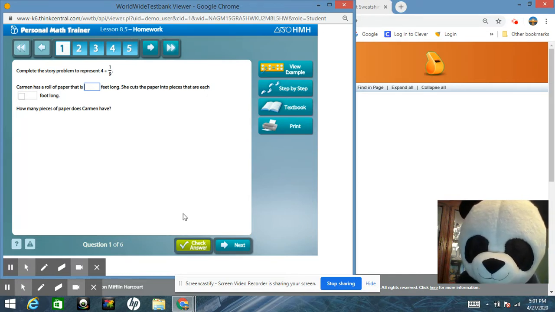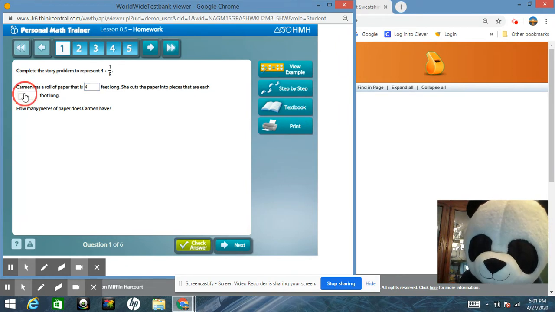So, on my first problem in the PMT, it says Carmen has a roll of paper that is blank feet long, and she cuts paper into pieces that are blank foot long. So, if I have 4, that is what I am sharing, and that is how long the paper is. So, I simply put the 4.